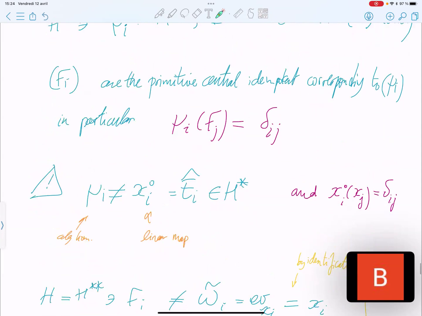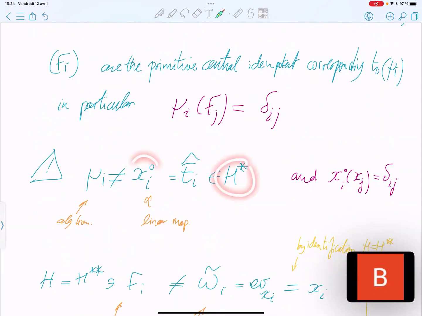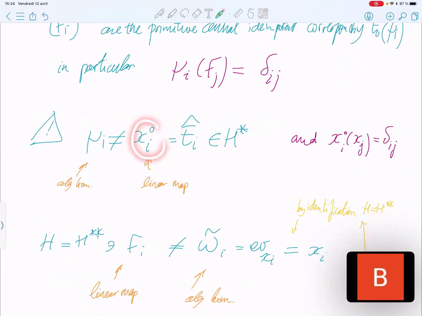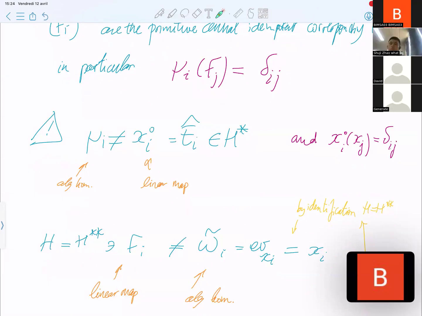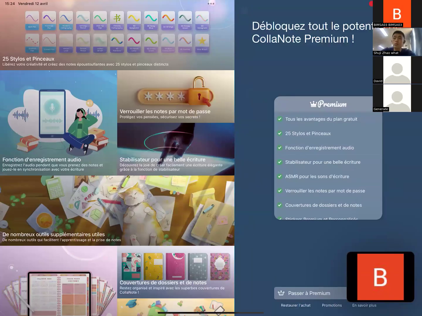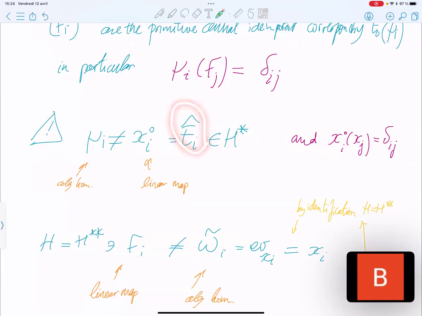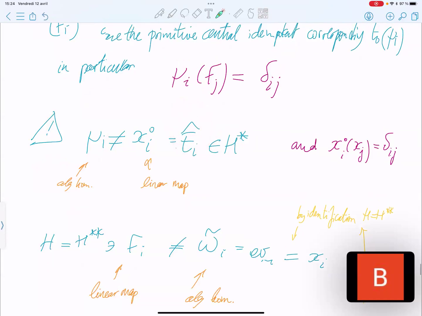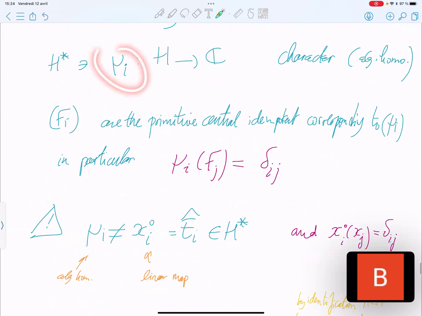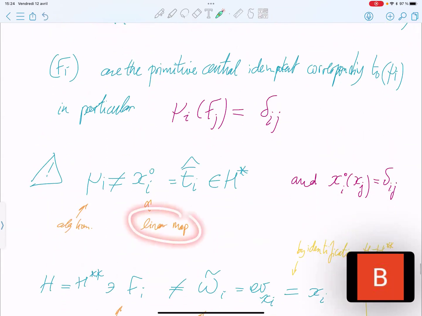If you consider the map in X star evaluating at the coefficient of xi, it is denoted like that. Okay, so it's different from this one. This one is not an algebra morphism. This one is an algebra morphism.